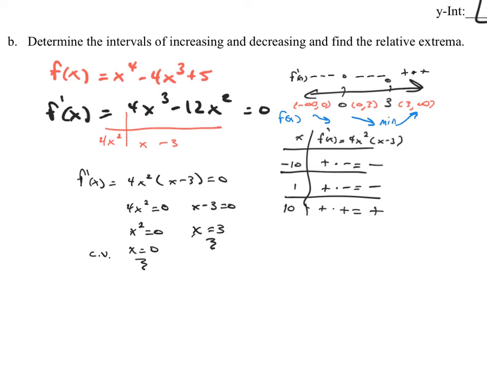Again, a minimum is a point on a graph, so I actually need to plug in 3 to the original function, which I'll do now. 3 to the 4th minus 4 times 3 cubed plus 5. Plug that into my calculator. I'm getting a value of negative 22. So what I have determined is the point (3, negative 22) is a minimum.